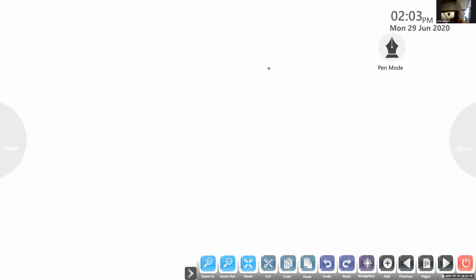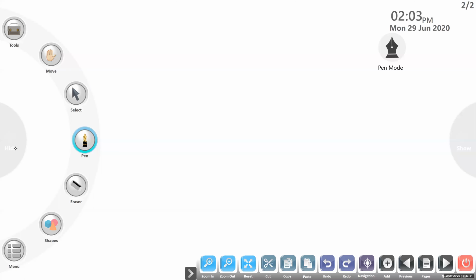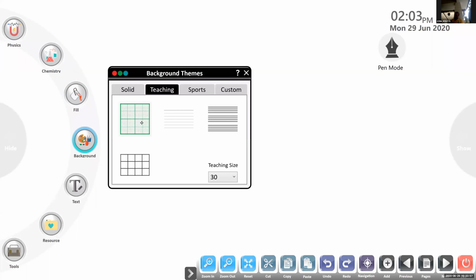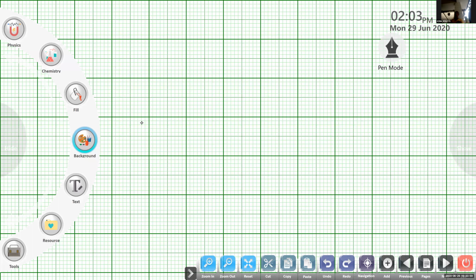Okay. Again, I am moving on to the non-uniform motion graph. Draw the graph, children.